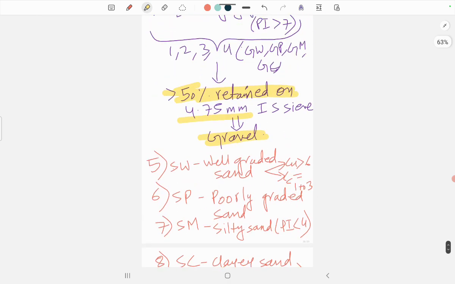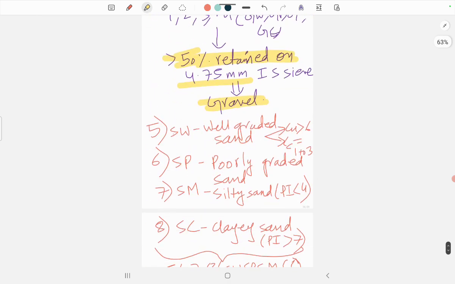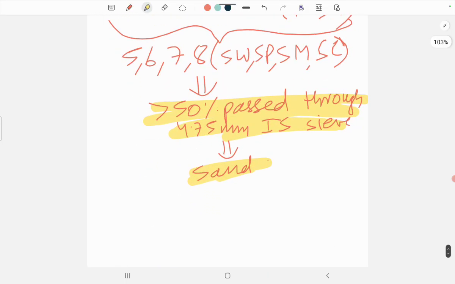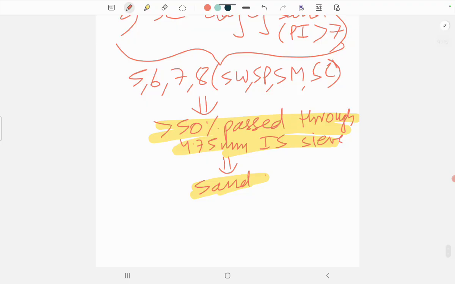And these, 1 to 8, are wholly classified as coarse grained soil.